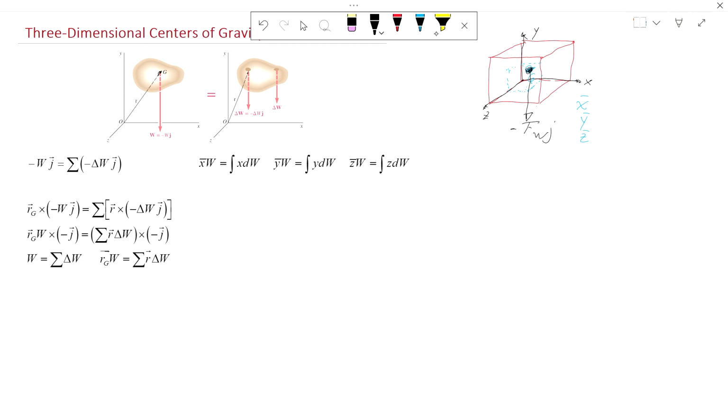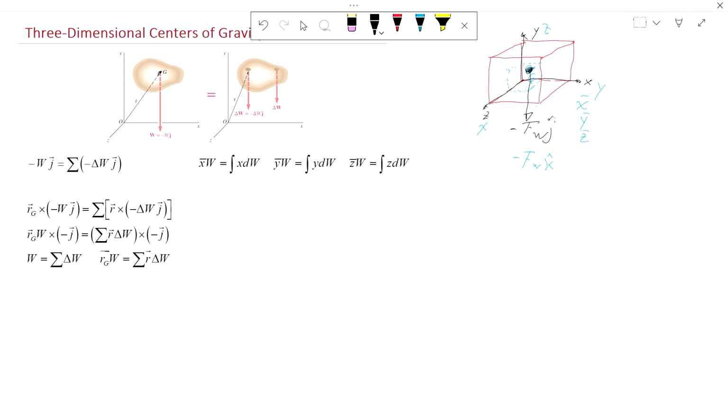If they give us another situation where this is x, this is y, and this is z, which is pretty common in many coordinate systems and software, in that case this is a negative force, but the component is in k.